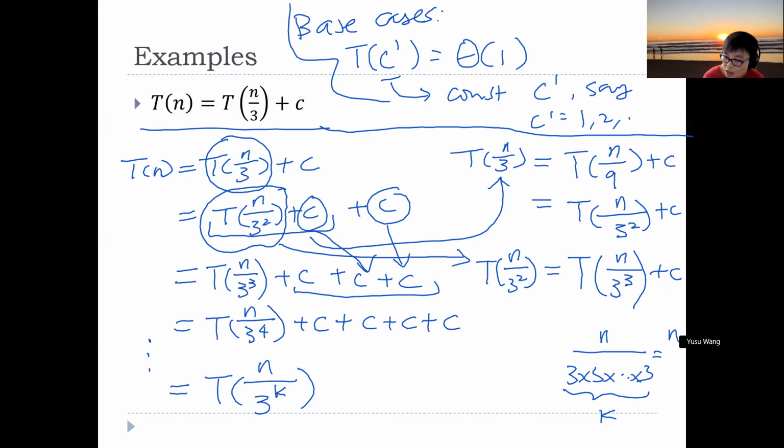That's why this is n divided by 3 to the power of k. And then outside, what do I have? Each time I do the unrolling, I add another c. So after I do this k times, we have c times k. Very similar to what we saw earlier. Now what do we have?